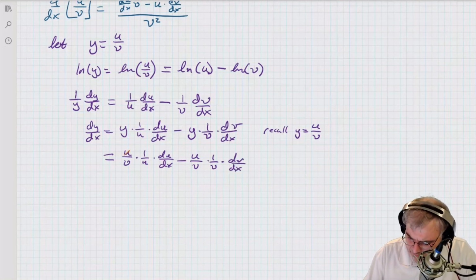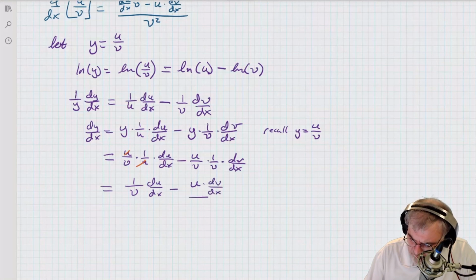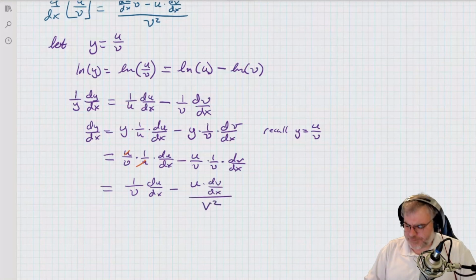Okay, well, those things cancel, but these don't. Now I'm going to have a v squared on the bottom here. So I wind up with 1 over v du over dx minus u times dv over dx all over v squared.